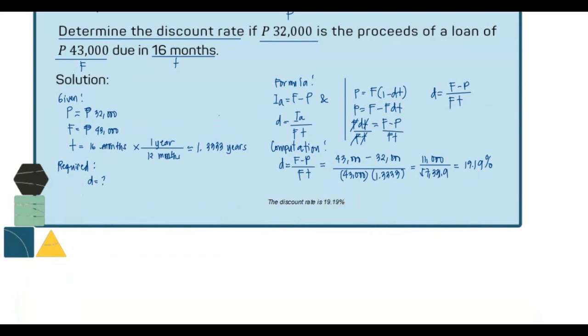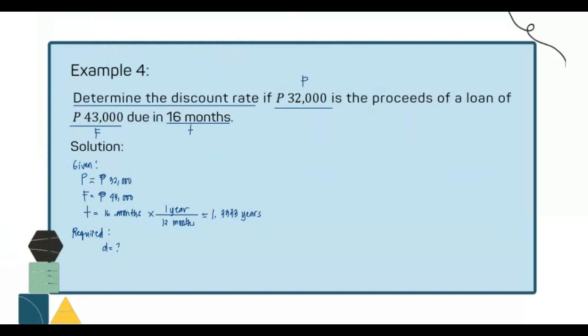Or you could actually also include the values that we used. You could say the discount rate of the 32,000 proceeds with a loan of 43,000 during 16 months is going to be 19.19%.